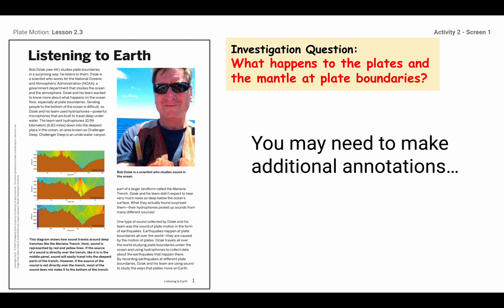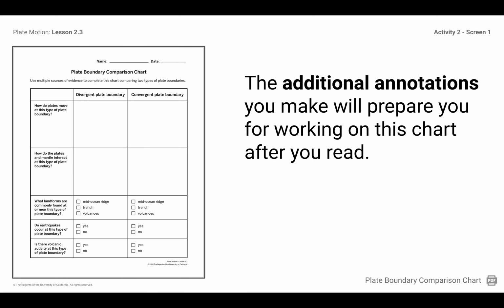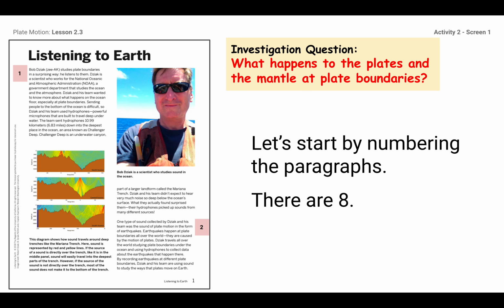If you didn't, then you're not going to get the points that you would have if you did. The reason we're rereading is that in a little bit, I'm going to give you this plate boundary comparison chart, and the additional annotations will help you prepare to work on it later.